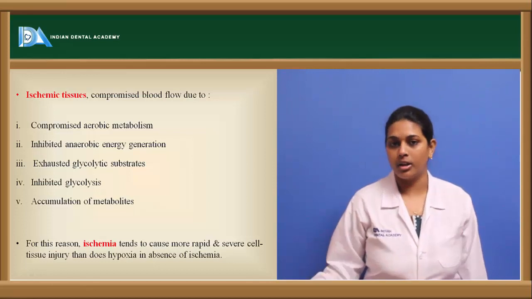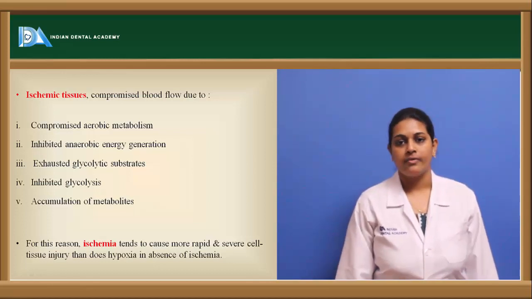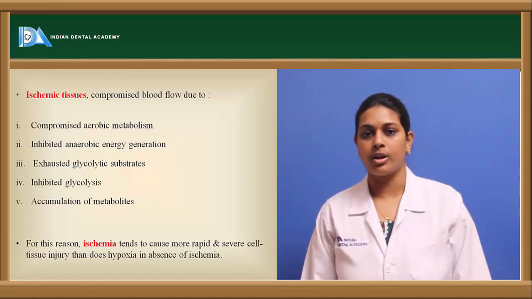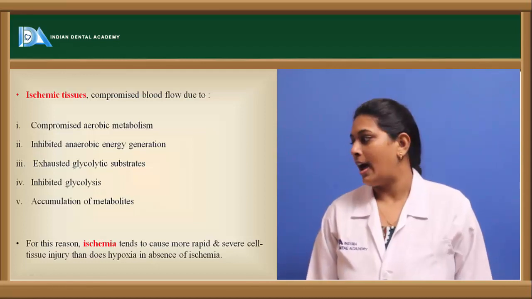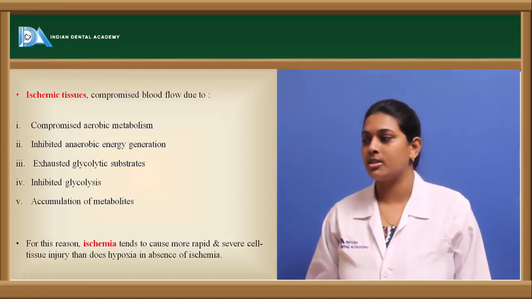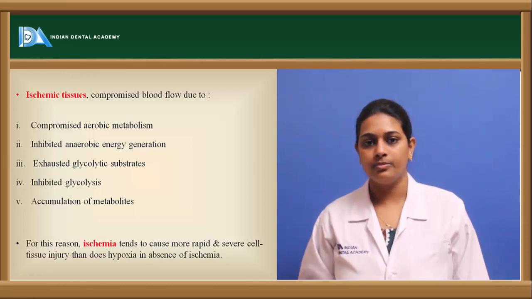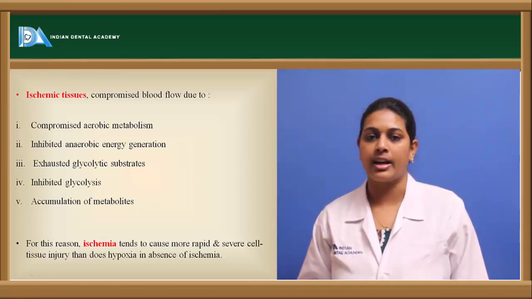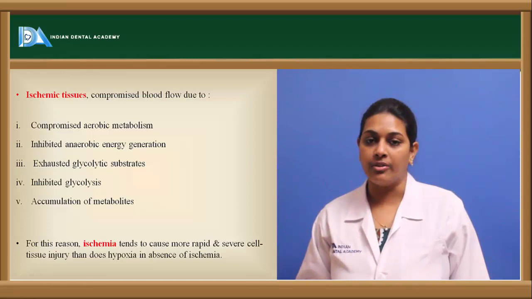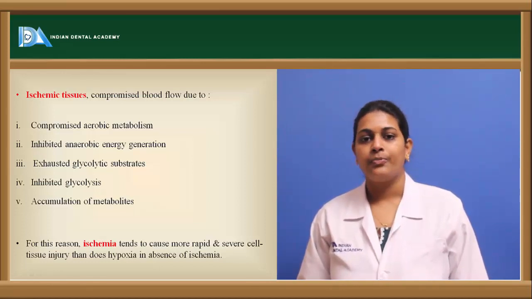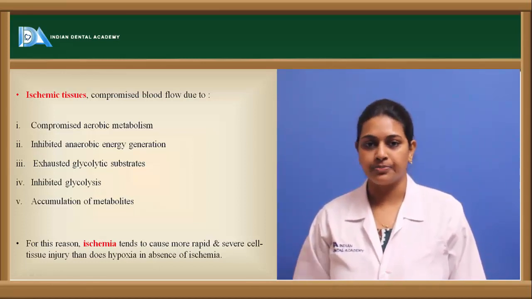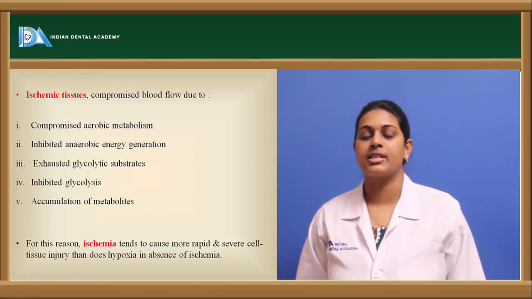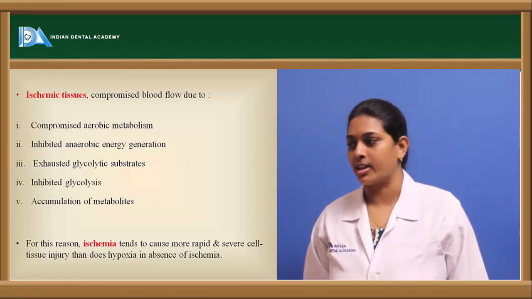So there will be inhibition of the glycolysis process, that is, the glycolysis process won't function because of the ischemic tissue injury, and thereby the already present glycolytic substrates will be exhausted. They might reach their maximum extent of function and get exhausted.